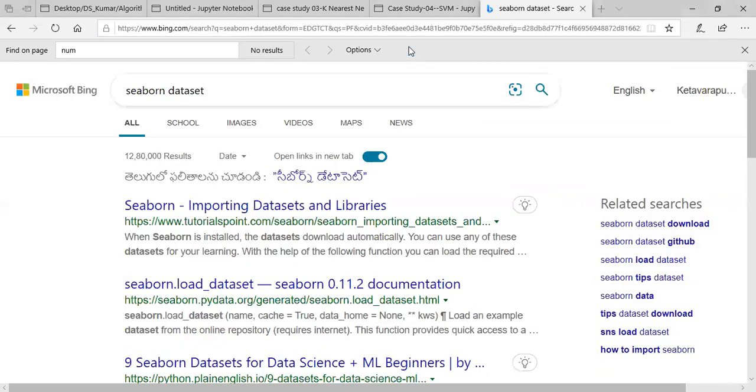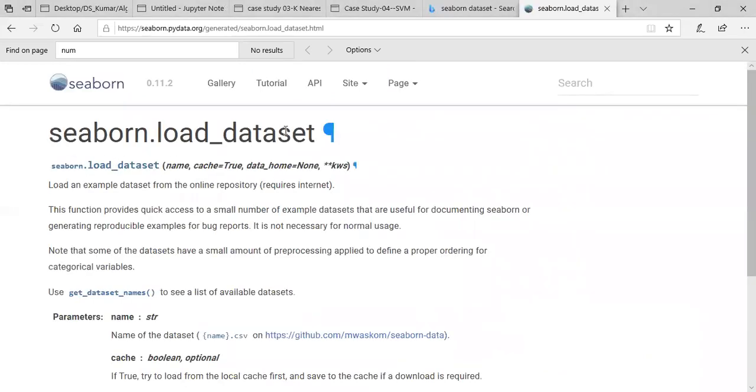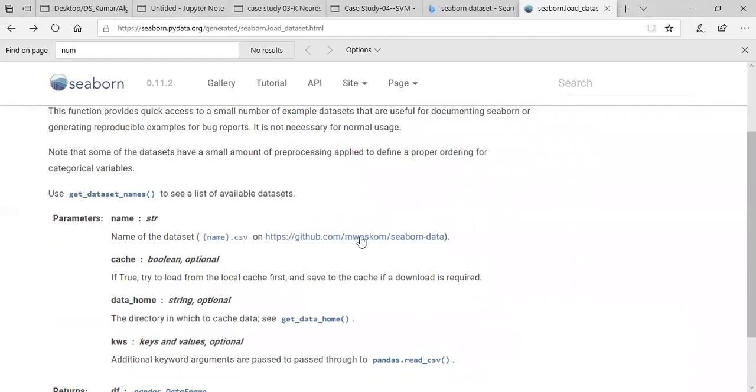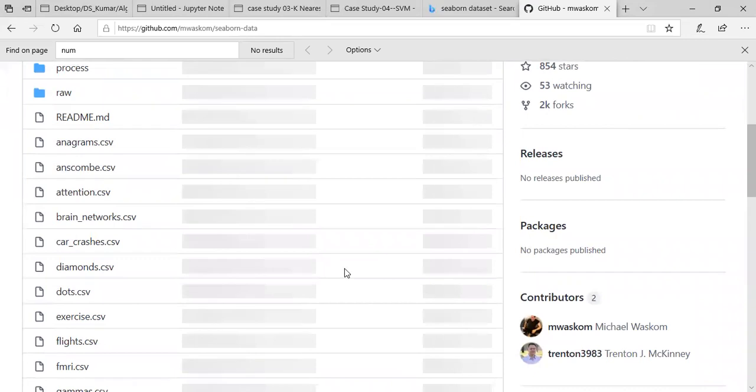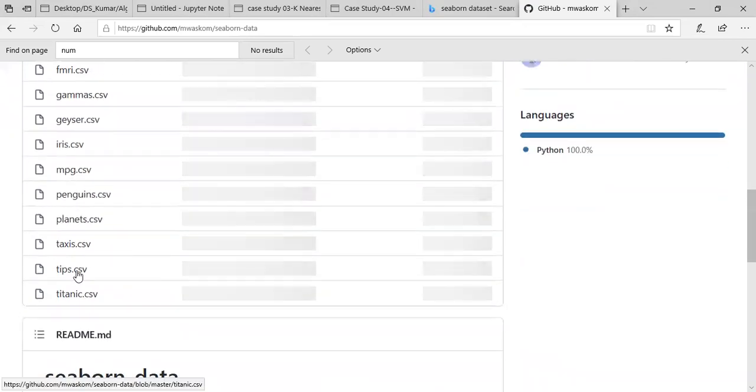Just refer to this, click on this, and it shows the default data sets. Click on GitHub, and you can observe the data sets provided by Seaborn: attention, brain networks, car crashes, diamonds, exercise, taxis, planets, penguins.